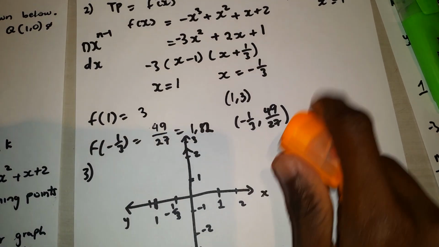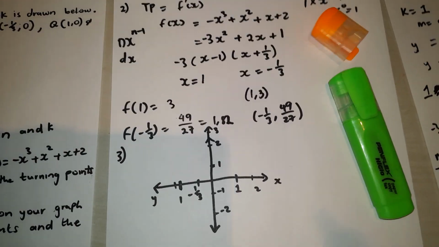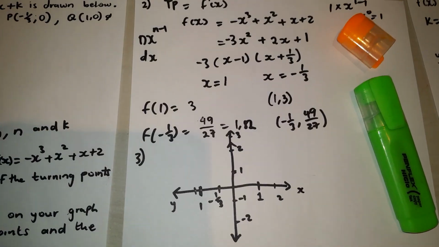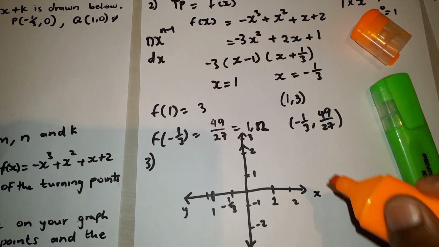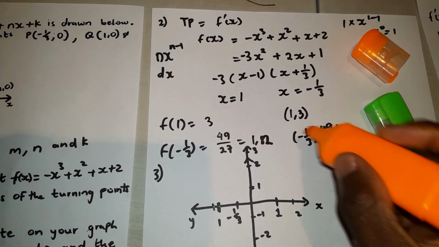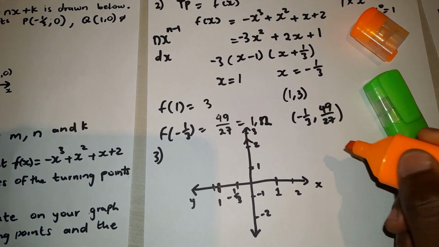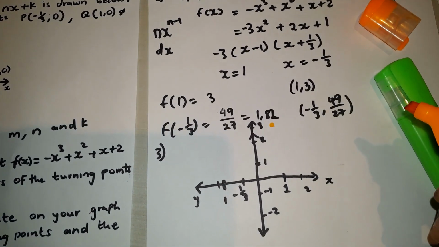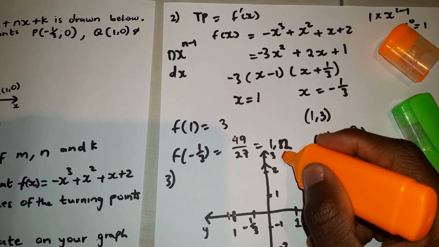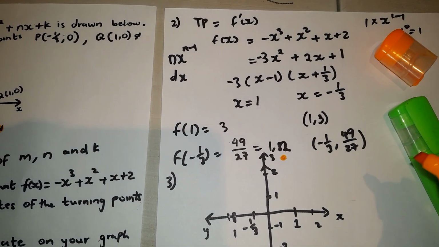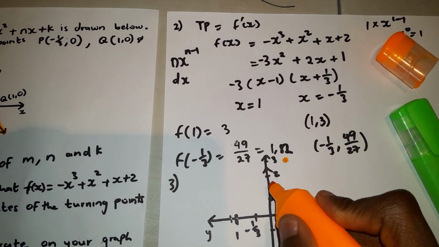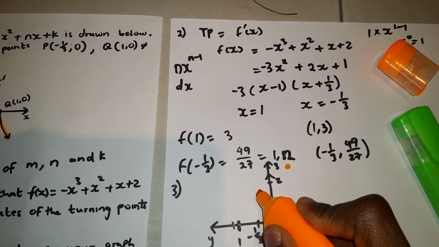So now our turning points, let's start with them. It's 1, 3. I did a very short graph, apologies for that. And negative 1/3, 1,82, which will be somewhere here.